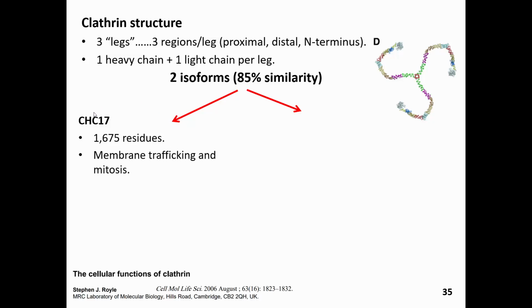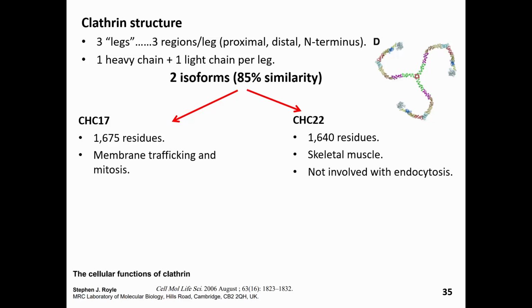This is the isoform that's involved in membrane trafficking as well as assisting with mitosis. The other isoform, CHC22, is made up of a slightly smaller number of residues. This isoform is found particularly in skeletal muscle cells, but is not involved with endocytosis.